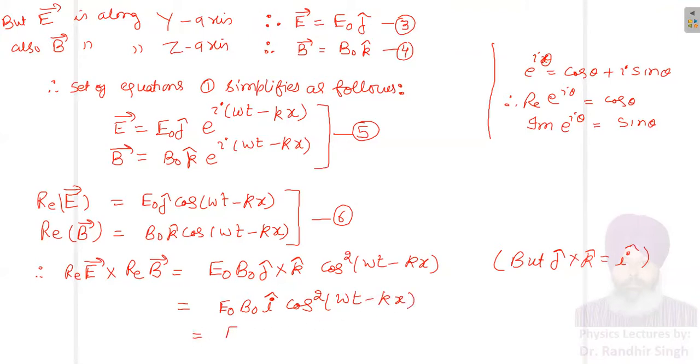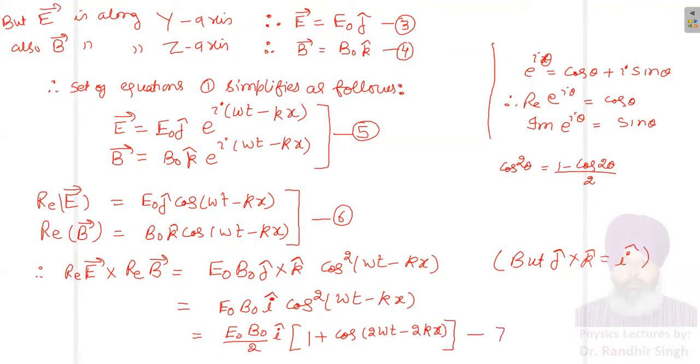It will become E0 B0 by 2, I cap, and it will be 1 plus cos 2 omega t minus 2 kx, where I have used a standard formula of trigonometry. So let me write this as equation number 7.